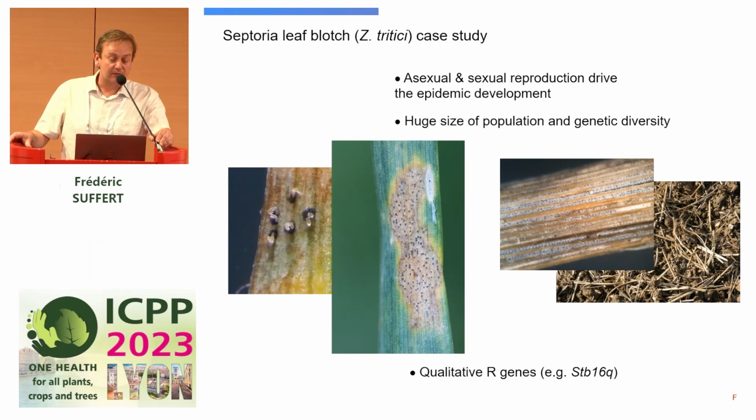Another characteristic is a very huge size of population and consequently genetic diversity due to the sexual reproduction. And what we can use to protect the crop is resistance genes, though some are overcome. For instance, Stb16q is the gene we have used in a study.